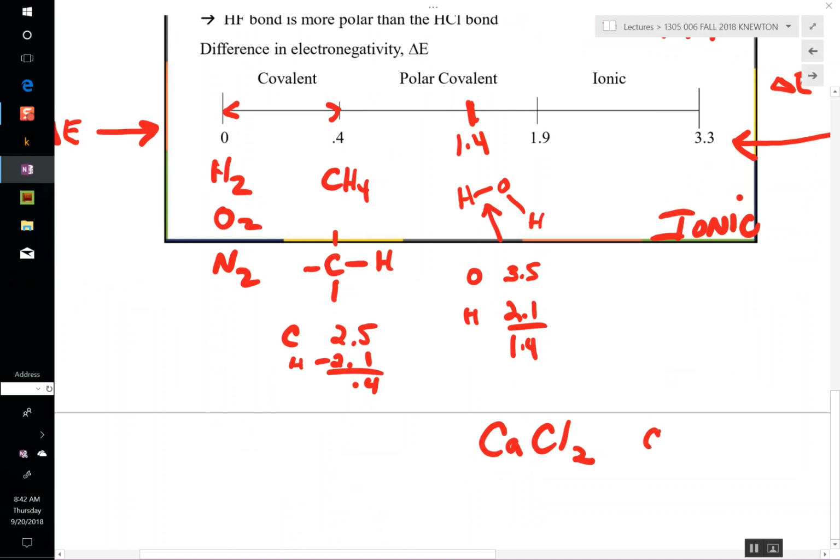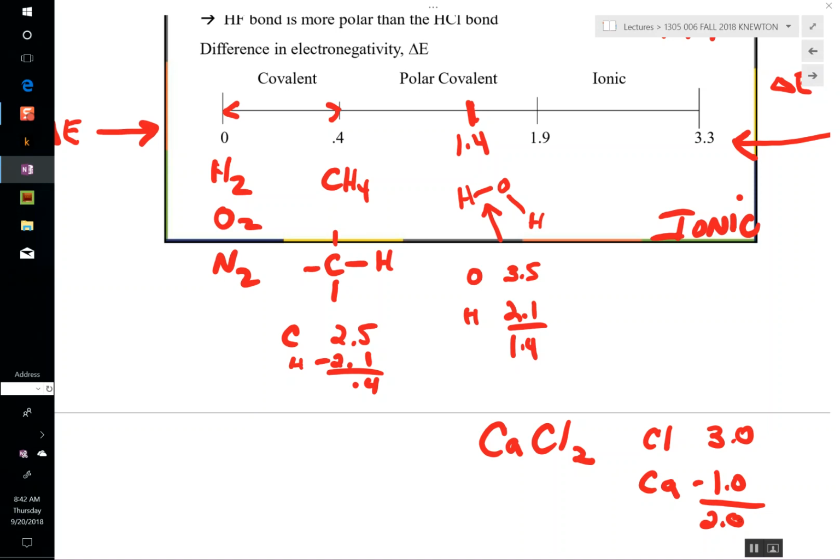You take the chlorine and the calcium and look at the difference: chlorine is 3.0, calcium is 1.0. So what kind of bonding? Ionic. It's greater than 1.9. So calcium chloride is an ionic compound.